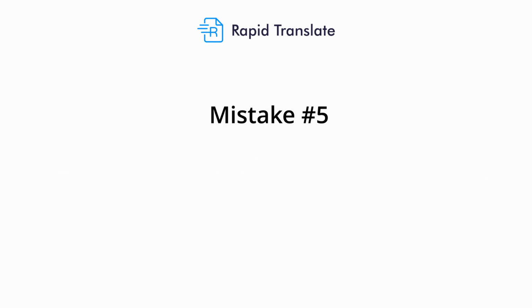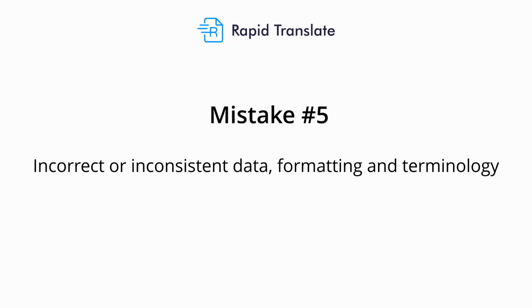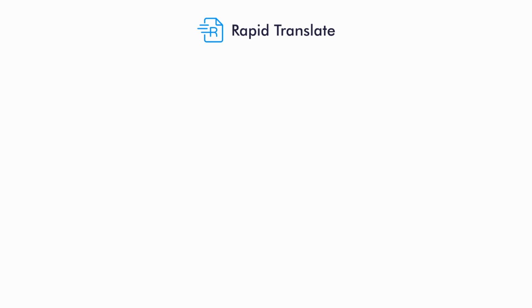Mistake 5. Incorrect or inconsistent data, formatting, and terminology. Wrong numbers, names, dates, or inconsistent use of key terms can invalidate documents or lead to disputes. Consistency matters.